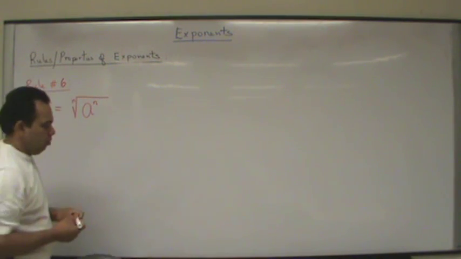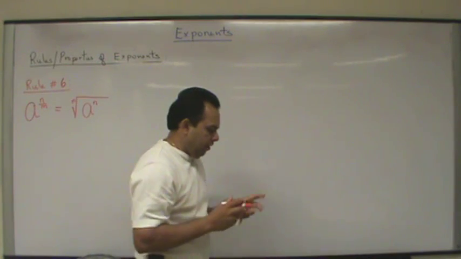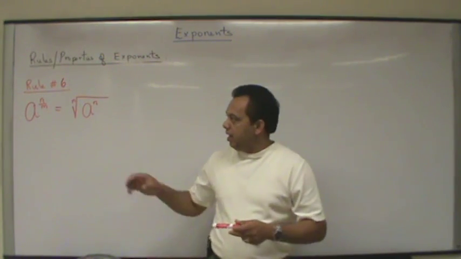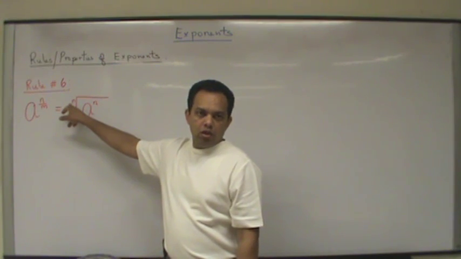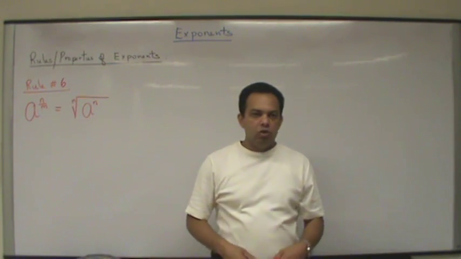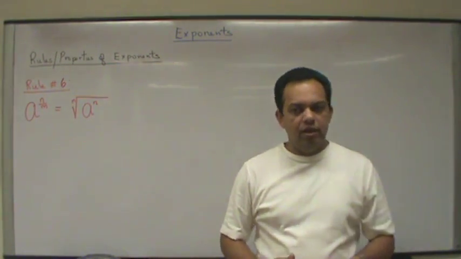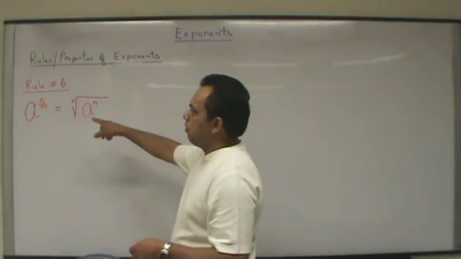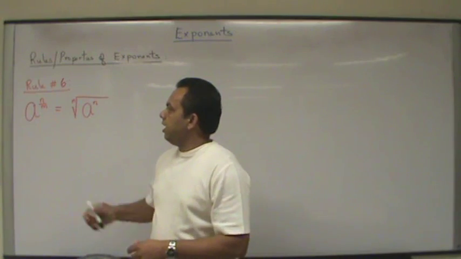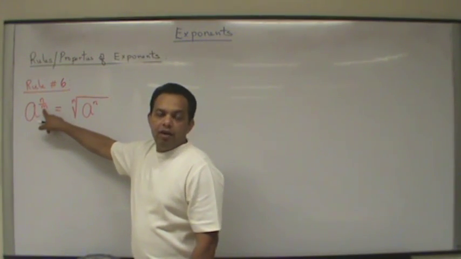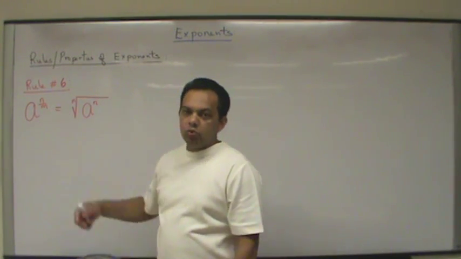Now, be very careful here because the denominator, if you notice, always tells you the root. So if the exponent was 1/2, it means the index of the root would have been 2, so that's called a square root. If the denominator of the exponent is a 3, then that will be a cube root.